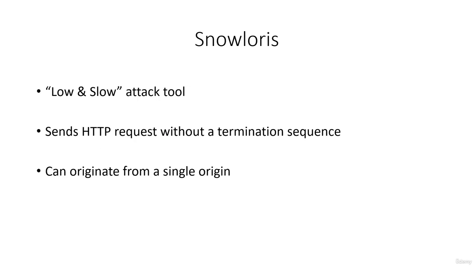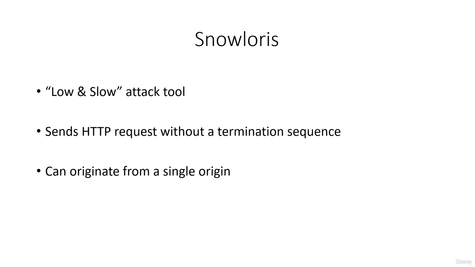Now, the Slowloris attack is what is referred to as low and slow, and what we are talking about here is using a low volume of traffic to generate a slow rate. Let me explain what I mean by that. The attacker is going to send an HTTP request without the termination sequence.